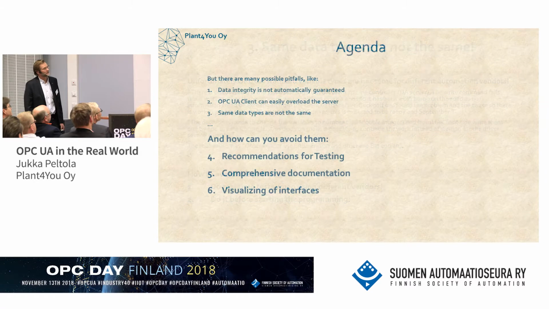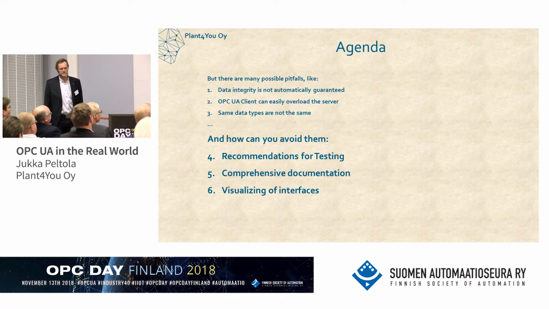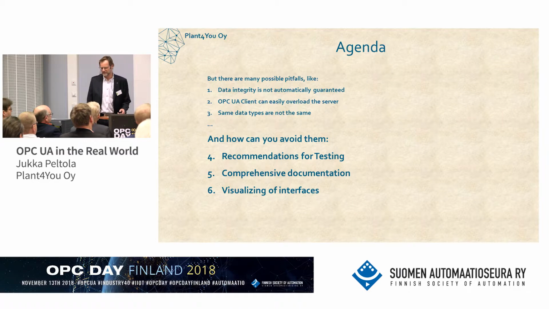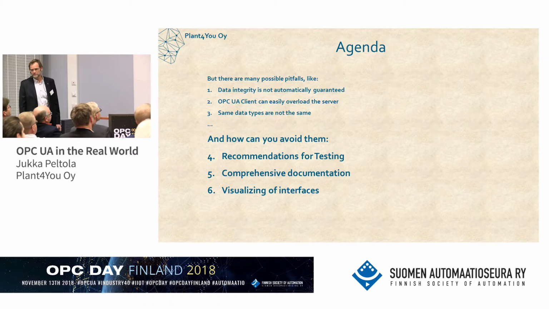So, recommendation for testing: you should do this testing in advance, already when you are starting the selection of the right data types and data integrity. Do it very early.